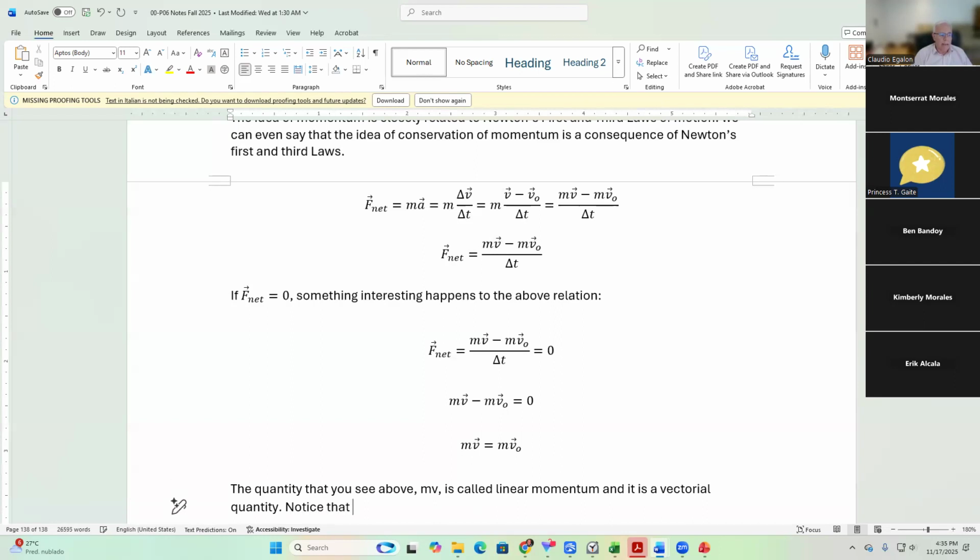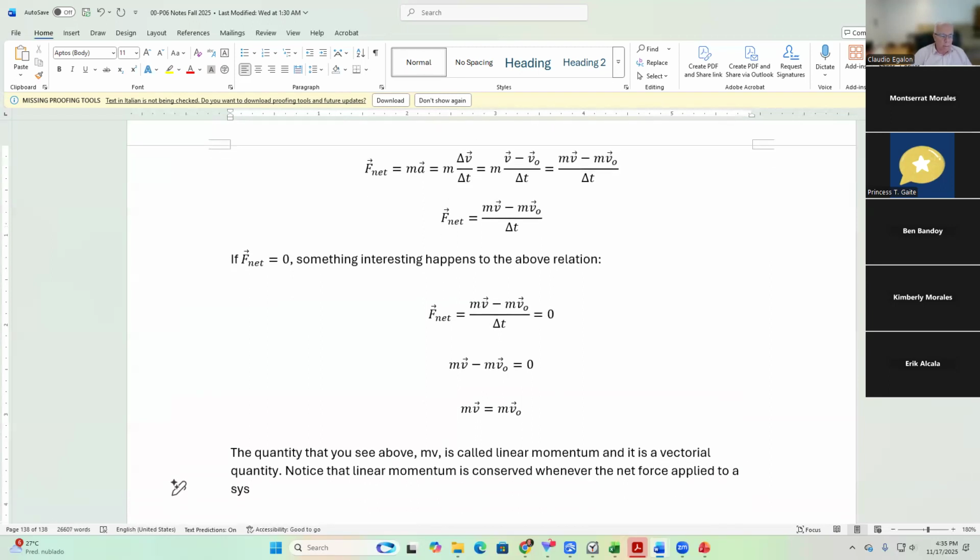Note that linear momentum is conserved whenever the net force applied to a given system is zero.